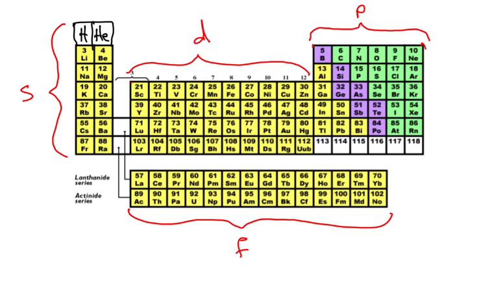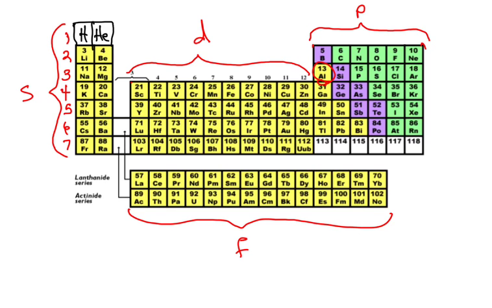So all you're going to do is number our rows: 1, 2, 3, 4, 5, 6, 7. When you look at the periodic table, we now have sections, or blocks, and we have rows. So when I'm doing the electron configuration for aluminum like we just did, can we do it without the chart?